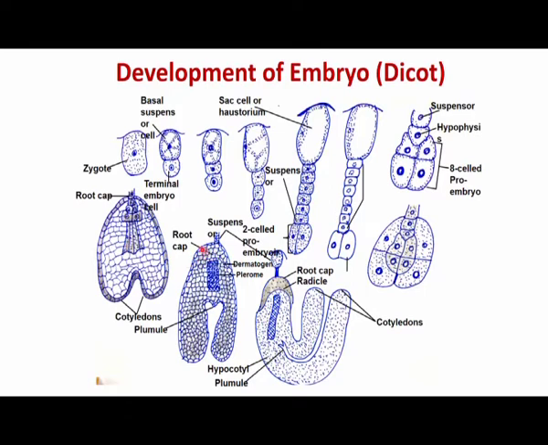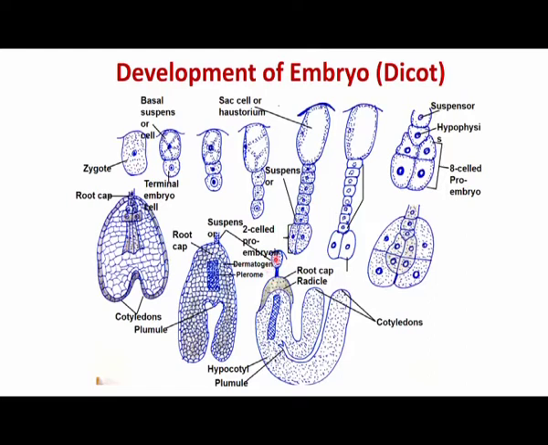The hypophysis, which is present on the micropylar side, then divides transversely and longitudinally to form multiple layers of cells, and ultimately it forms the cortical initials of the radicle. All the cells derived from the hypophysis give rise to the root apical meristem. So, this means this portion actually gives rise to the root.